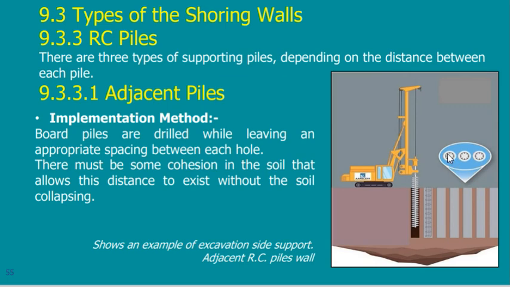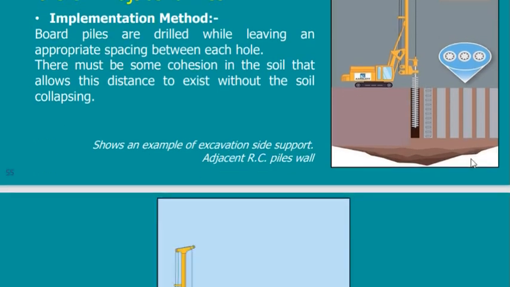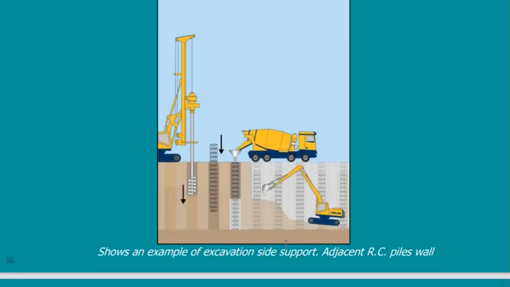So if I construct this pile and next to it another pile with a gap in between, and another pile with a gap, and so on, something like this. This is the machine that is drilling, and I leave a portion and then drill another, and leave a portion and drill another, and then once I finish, I put the cage of steel and then pour the concrete.